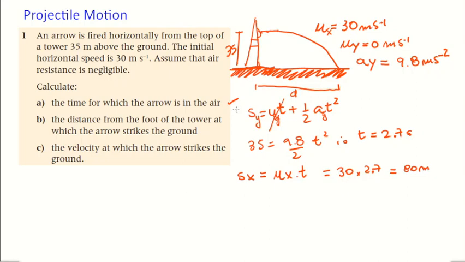So this is A, this is B, and now let's do C: the velocity at which the arrow strikes the ground. We're asking for the vector, so we're looking for a vector. We'll have a velocity forwards, which is constant, the same ux that we had at the beginning, and we'll have a velocity vy.